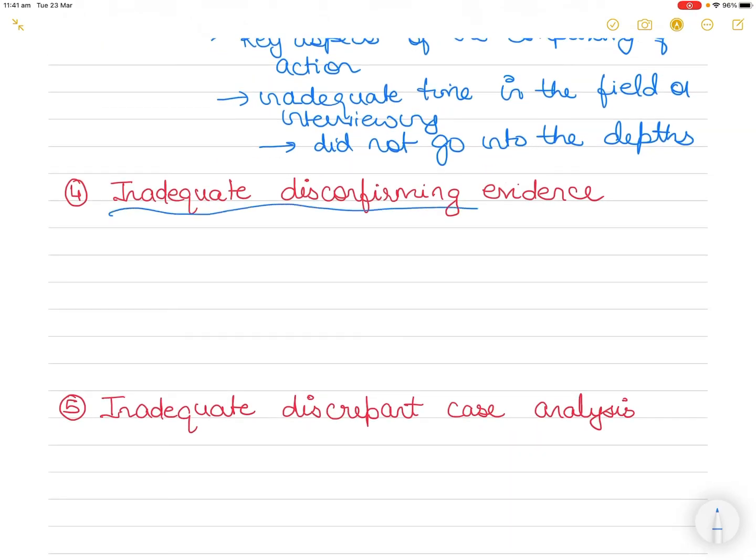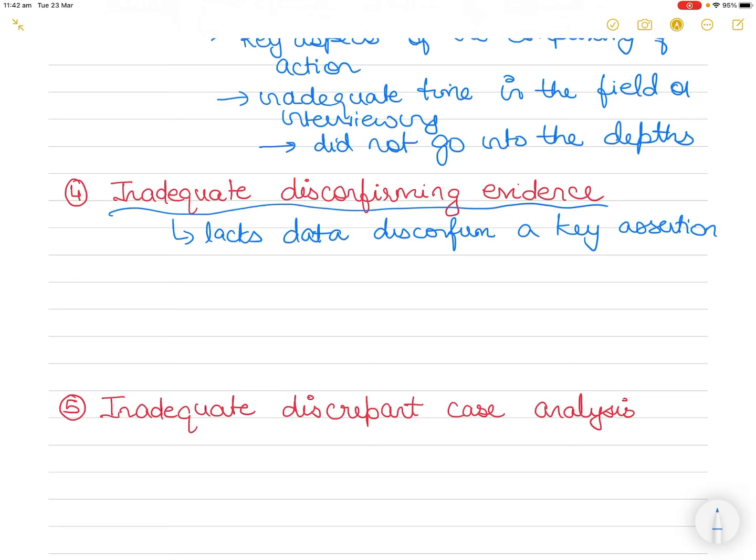Number 4 is inadequate disconfirming evidence. What does this mean? This means that the researcher lacks data that might disconfirm a key assertion, and lacks evidence that a deliberate search was made for potentially disconfirming data, which has led to the critique that the researcher only looked for evidence to support his or her own interpretation. So it was kind of a biased form of data collection.